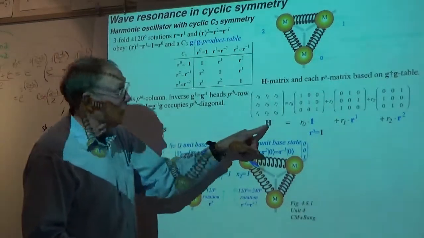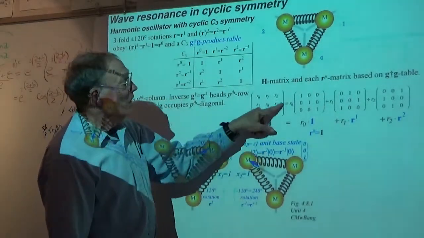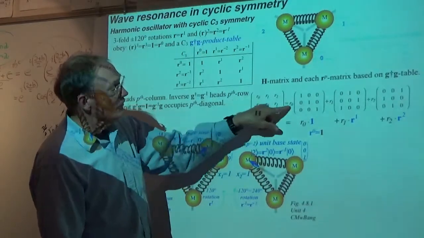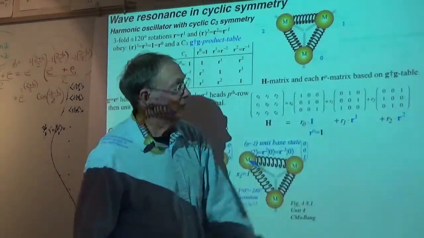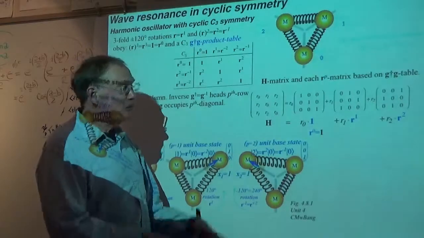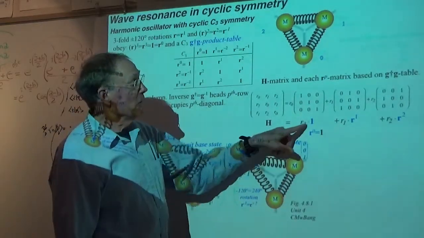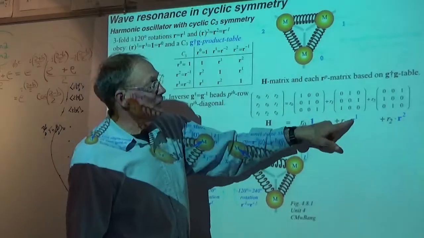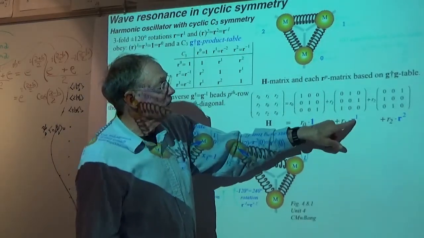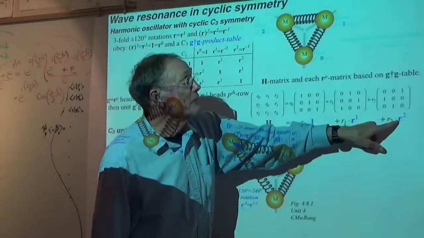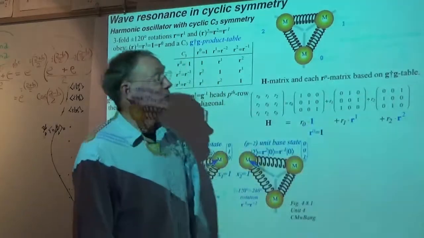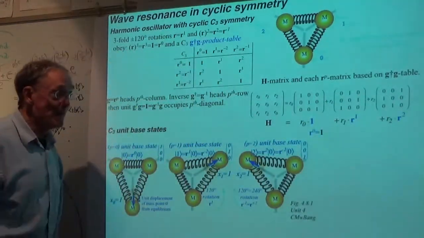And then the Hamiltonian, you see, is going to be a combination of coefficients of each of these operators. We're just going to use the group to build the Hamiltonian. So there's a 0th power, there's the 1st power of 120-degree rotation counterclockwise, and there's the 2nd power, which is the same as a clockwise rotation by a 1st power.